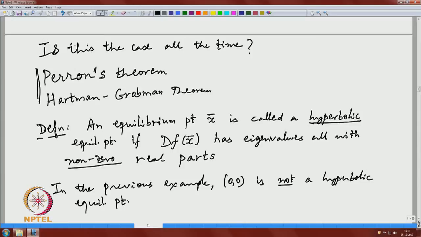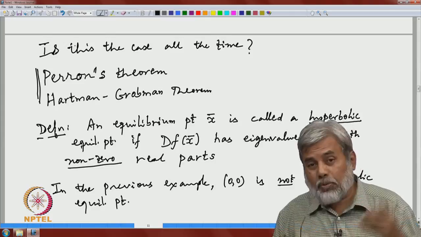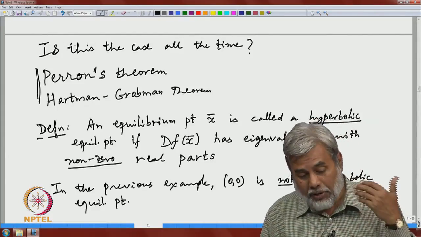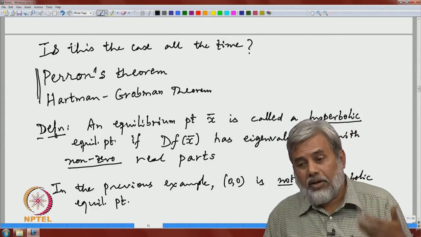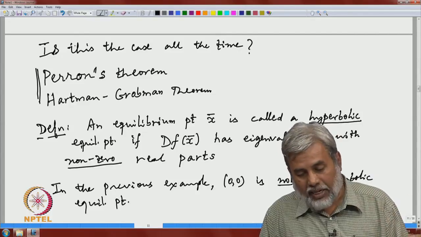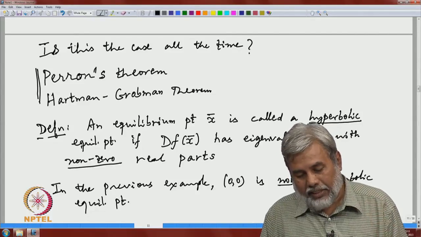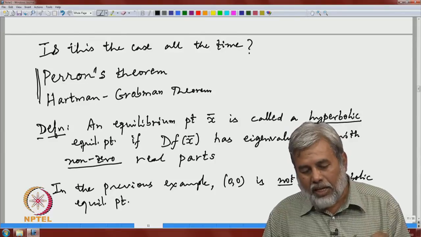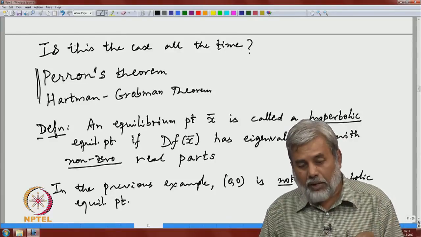Okay. And what one should do when x bar is not a hyperbolic point, that is where Lyapunov comes into the picture, and Lyapunov develops a beautiful theory called Lyapunov function, and that is essentially meant for equilibrium points which are not hyperbolic. Okay.